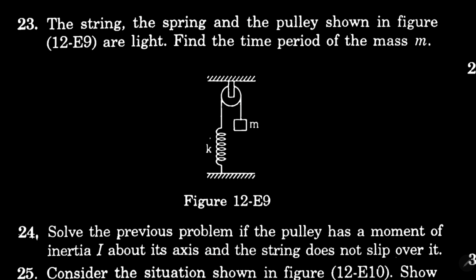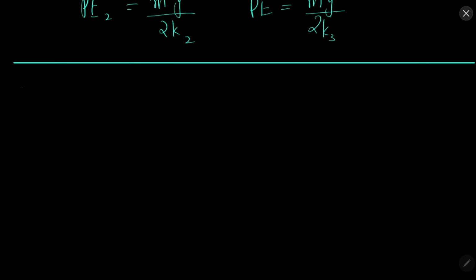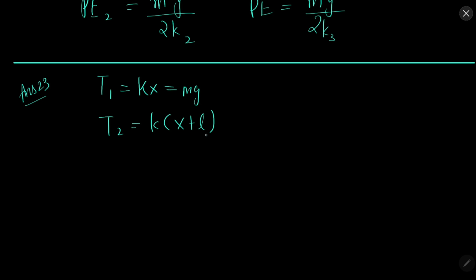In question 23, we have been given this figure. The string is given here. We need to find the time period of the mass. Solution 23. So T1 will be kx or mg, T2 will be k(x plus L).